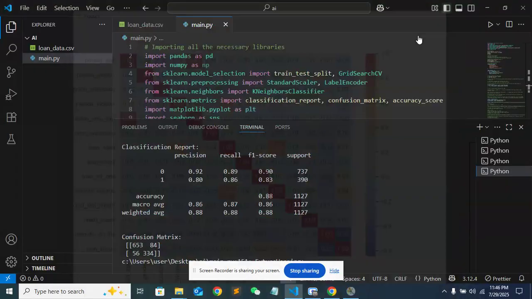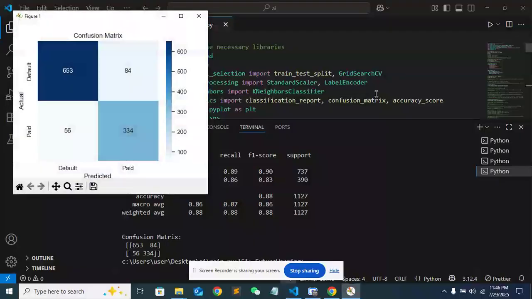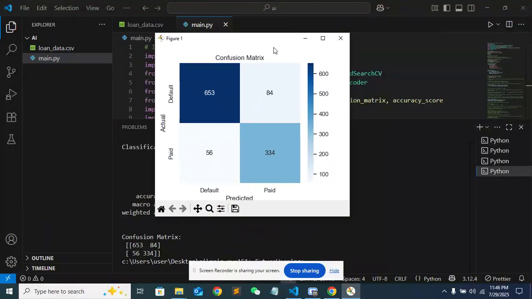Moving on to the next, we have the confusion matrix. The confusion matrix basically tells us that the model is not just dependent on accuracy. Accuracy is not the only important thing. It relies on various factors like true positive, true negative, false positive, false negative.